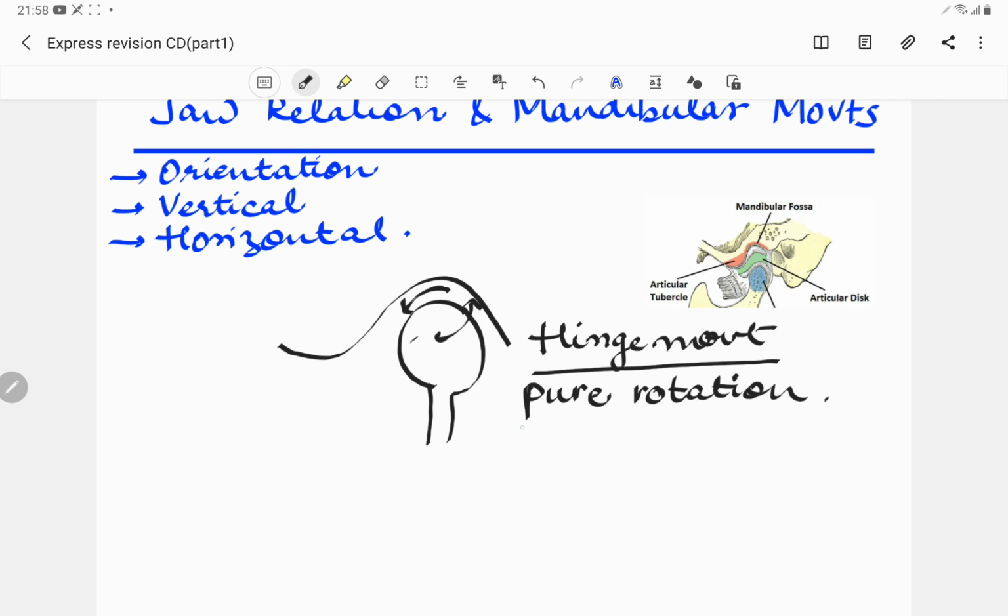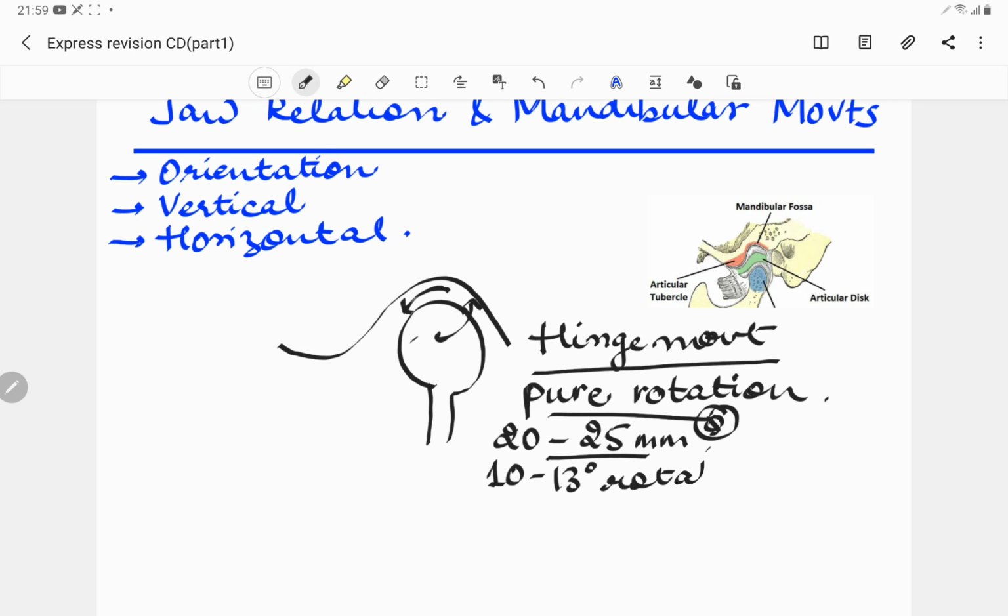And this movement happens when we open the mouth 20 to 25 millimeter. There is going to be the pure rotatory movement of the condyle. That means when we open the mouth up to 13 degrees, less than 13 degrees of rotation of the condyle is our pure rotatory movement, the hinge action or the hinge movement.